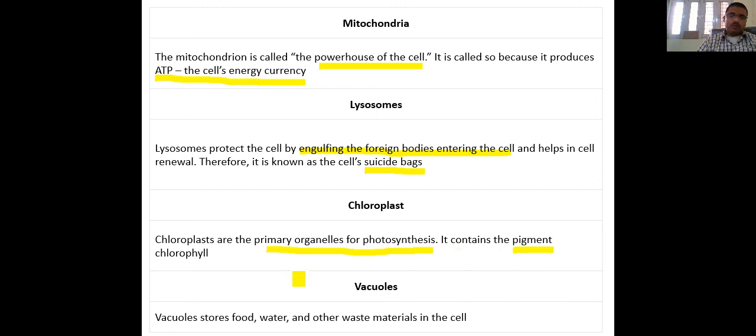There is another part called the vacuoles. Vacuoles basically store food, water, and other waste material in the cell. This is the organelle which stores water, waste materials, and food.